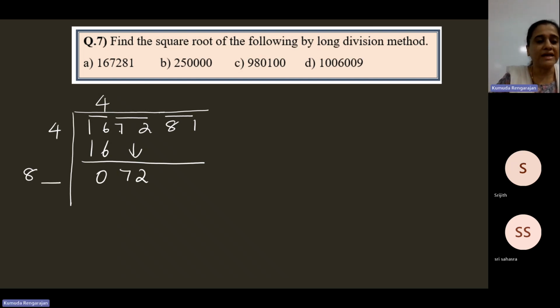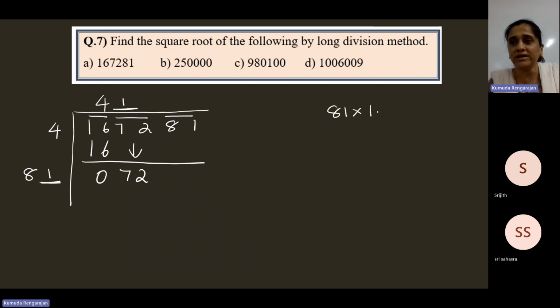Now, a dash here and a dash here. Whatever digit you place here, the same digit you must be placing here. So, if you use a 1 here, you must use the same thing here, 1. So, it will be 81 into 1, correct? What is 81 into 1? 81. But what's the number we have here? 72. It's less than 81. So, you can't use 1.